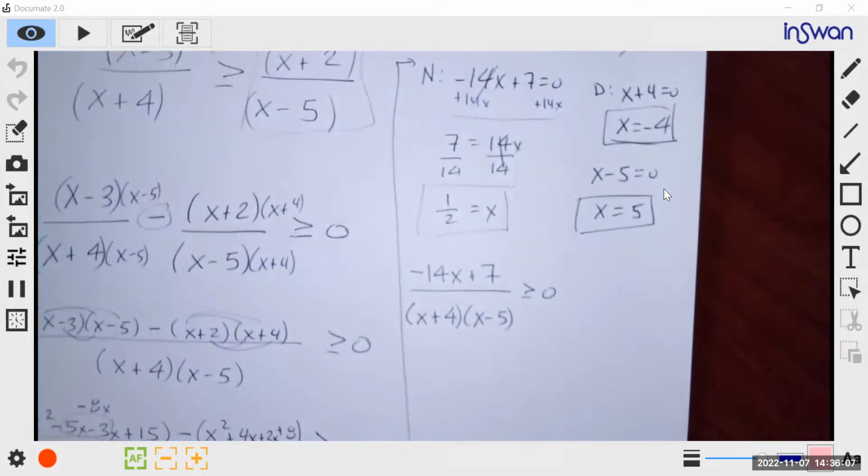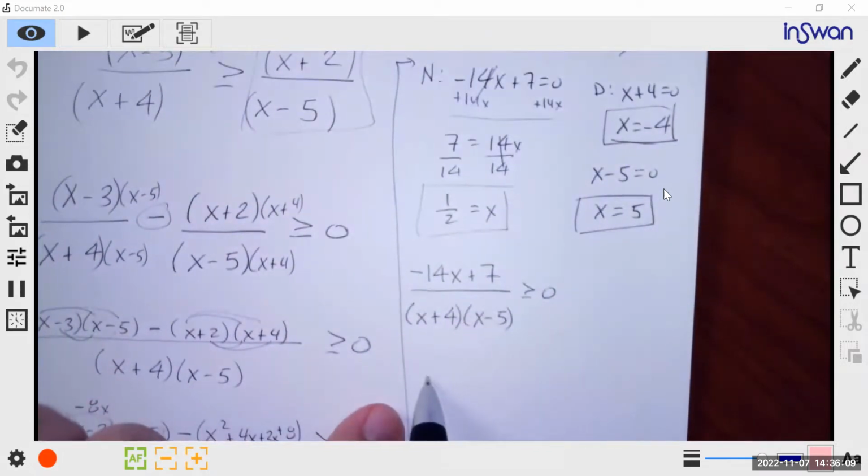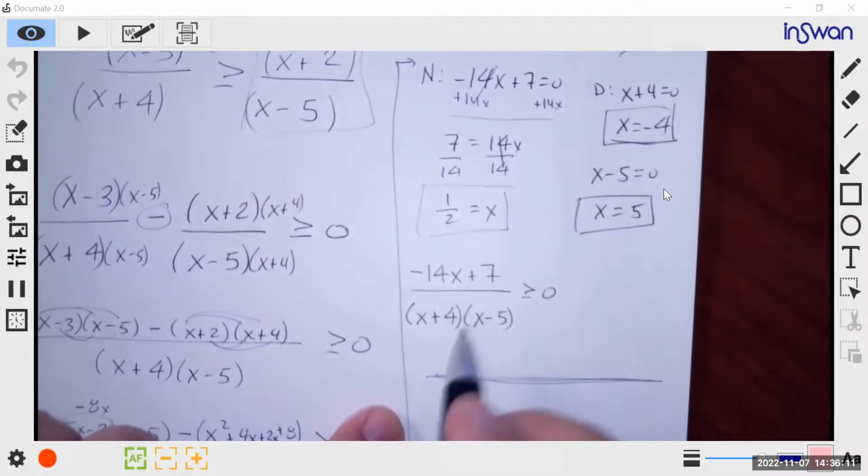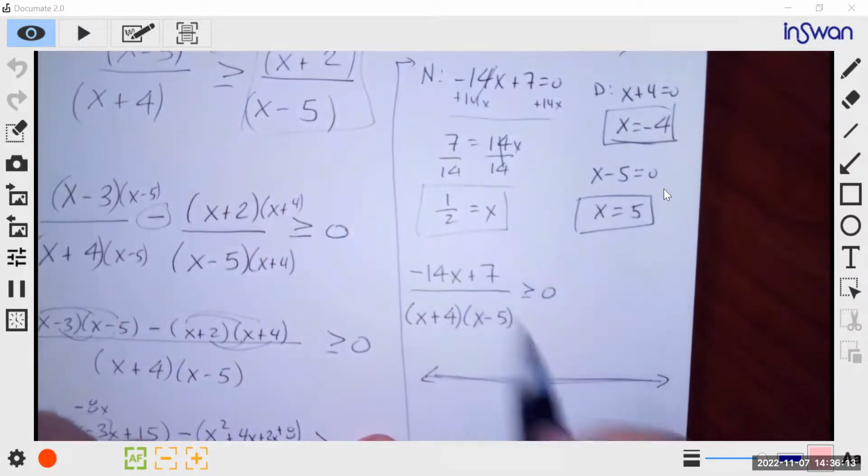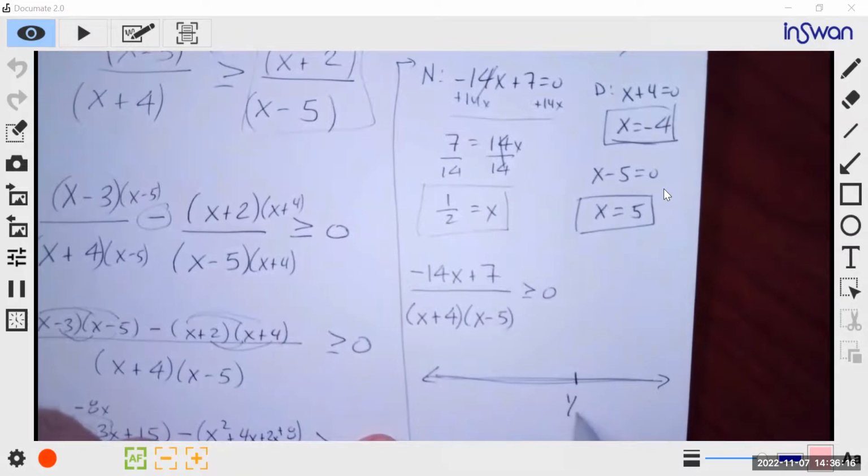All right, so there's my equation. So my critical values are at 1/2, negative 4, and 5.